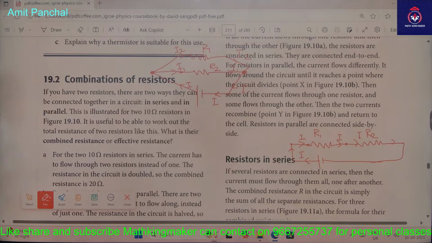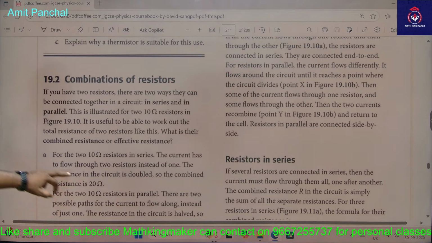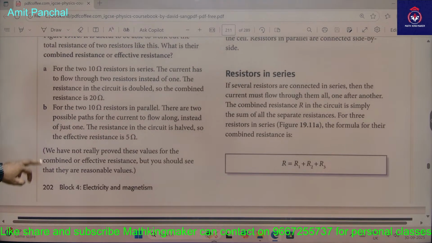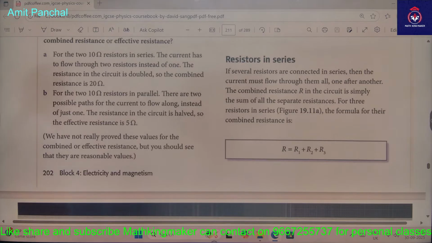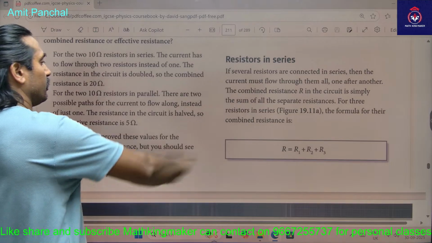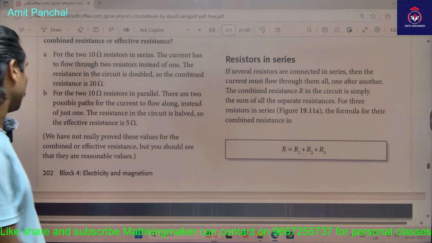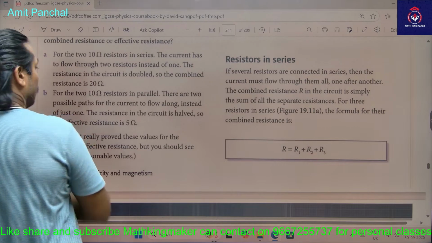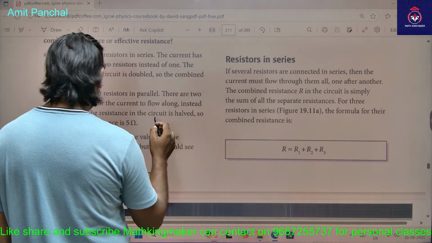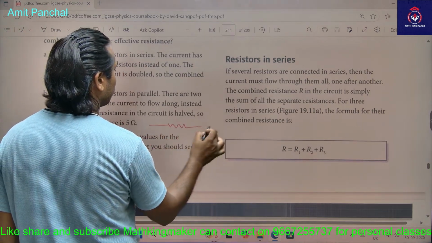Okay. Yes. Okay. Is there any doubt in series and parallel combination? No, sir. Okay. If the resistances are in series combination, then the effective resistance is given by adding all the resistances. Okay. So let us say, and the unit of resistance is ohm.